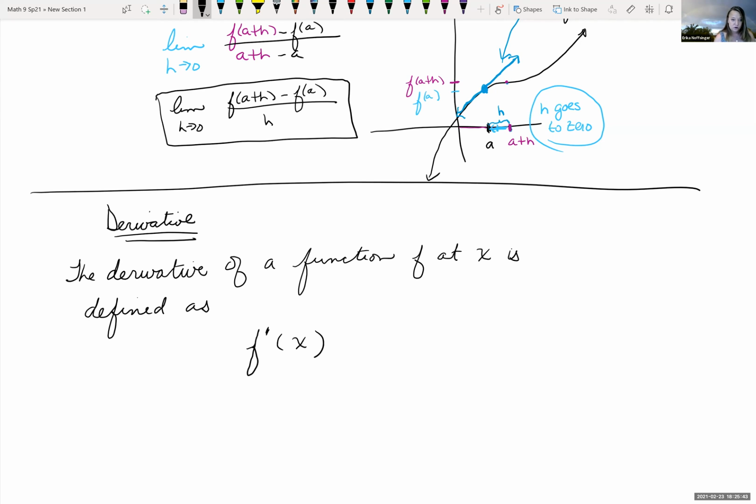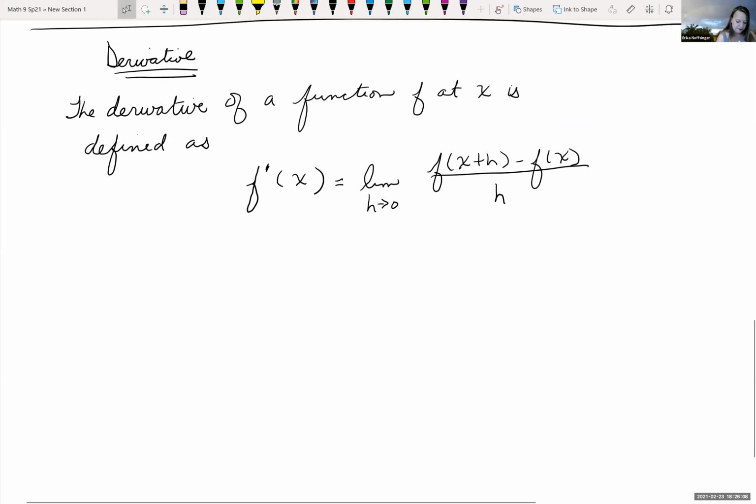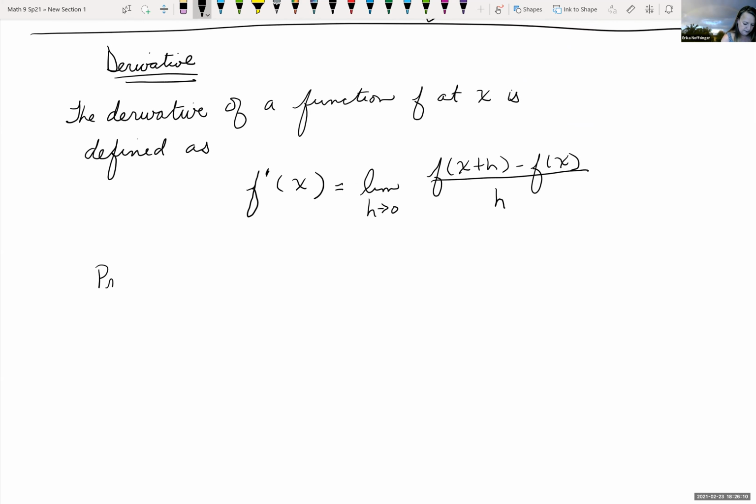So this is just saying the derivative of our function f of x at x is equal to the limit as h approaches 0 of f of x plus h minus f of x, all over h, provided this limit exists.